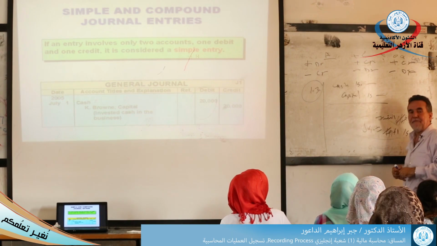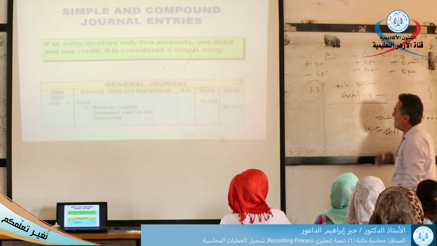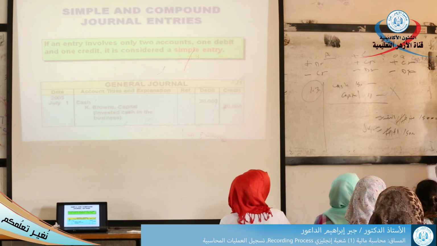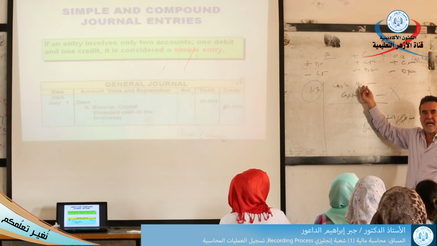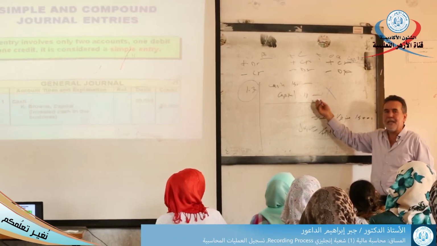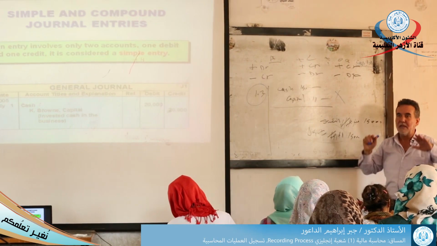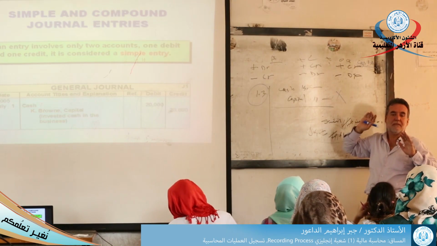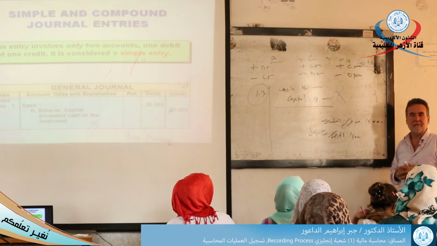But if I record 15,000 and 11,000, the entry will be false, incorrect. The amount in the debit side will be equal to the amount in the credit side. Clear? 15,000, 15,000. Debit or credit, the same amount.